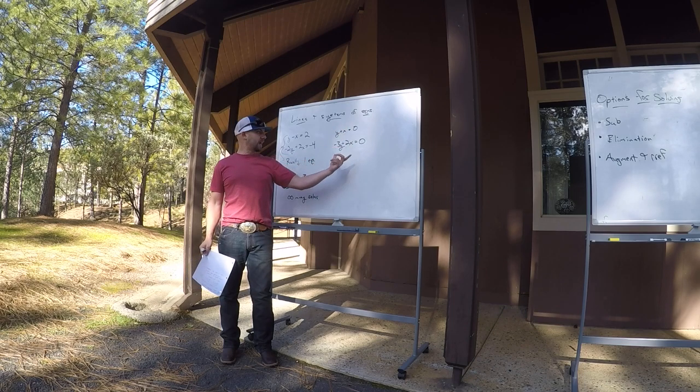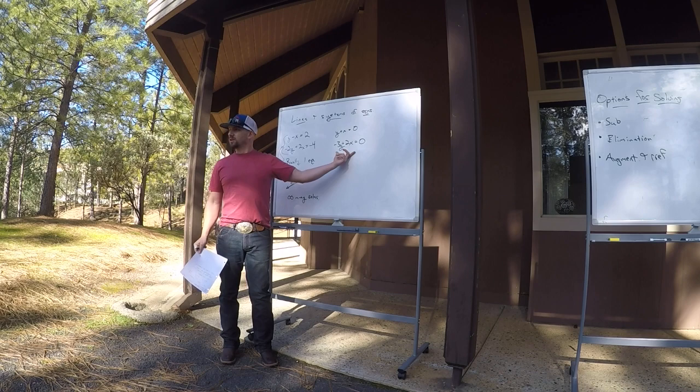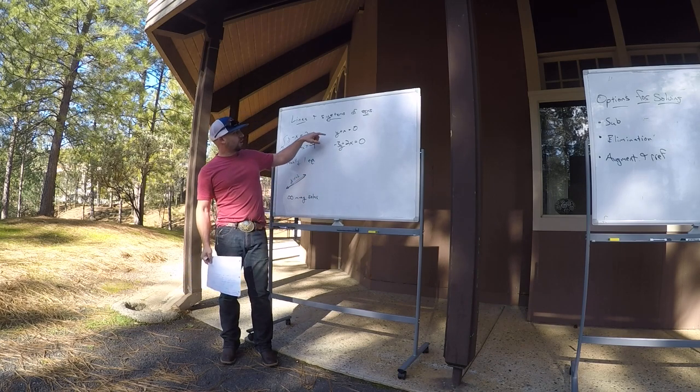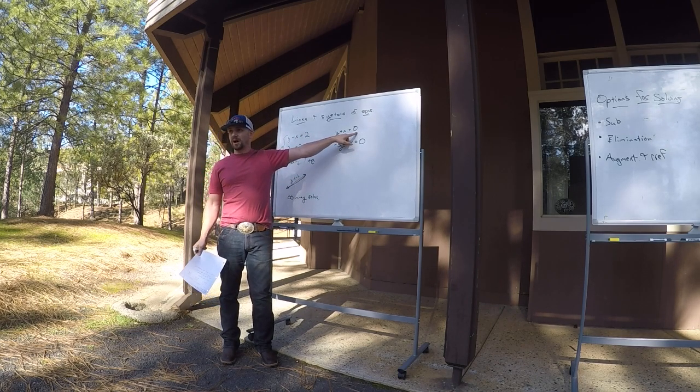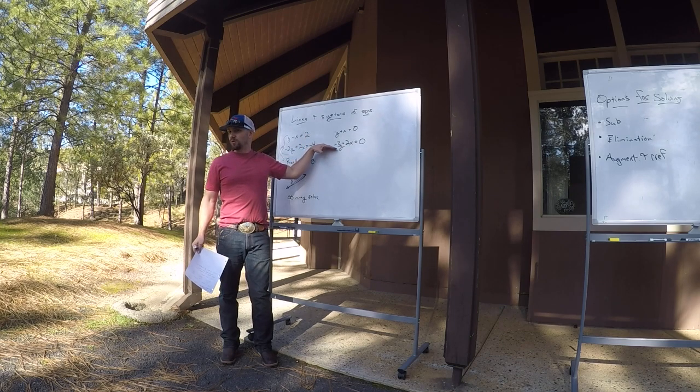And then I can plug that in here. You might notice that these two lines meet at the origin. That's a pretty obvious solution to both of them. You might also multiply this equation through by 3 and add the two equations together. That's the elimination option.